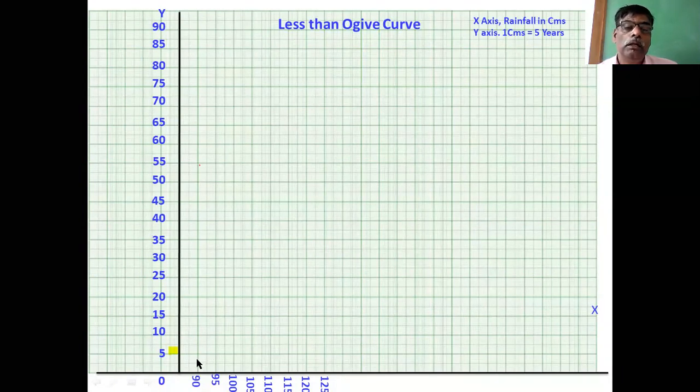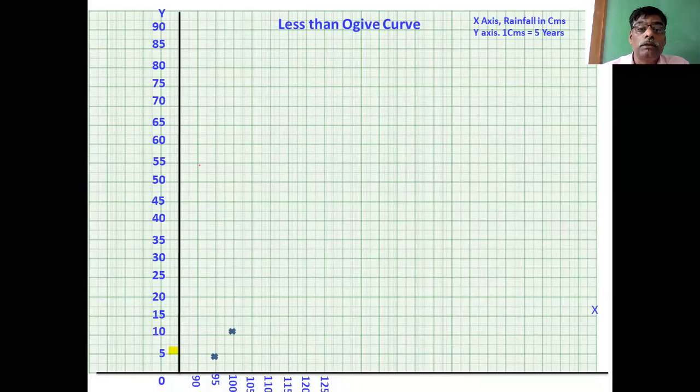Mark the cumulative value at the upper limit of the class. For the less than curve, you have to mark at the upper limit. For the more than frequency, you have to mark at the lower limit. Remember this. Then I will put the values. First is 92, 95 is 8.